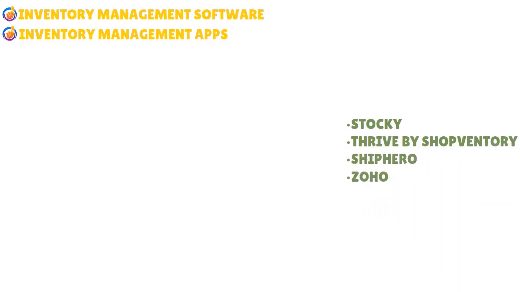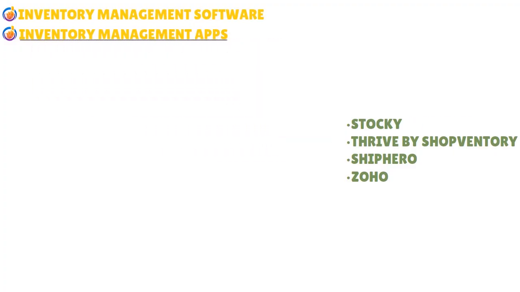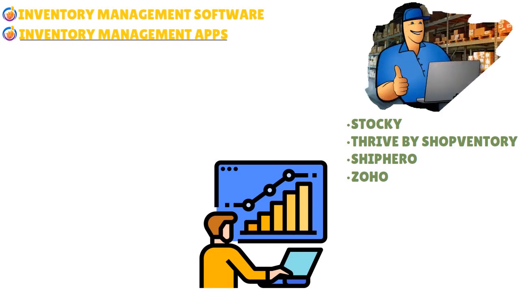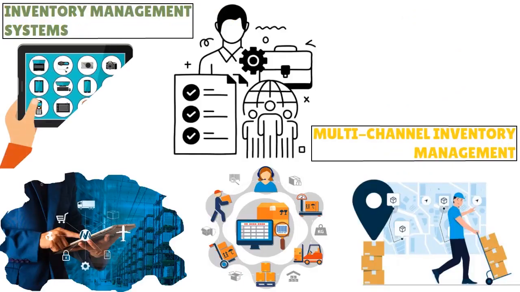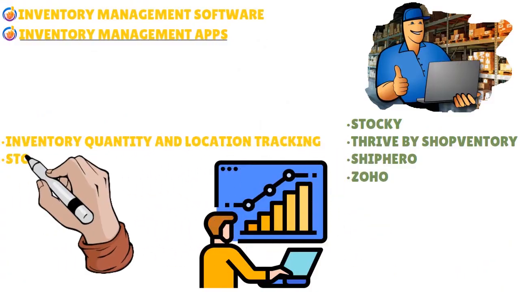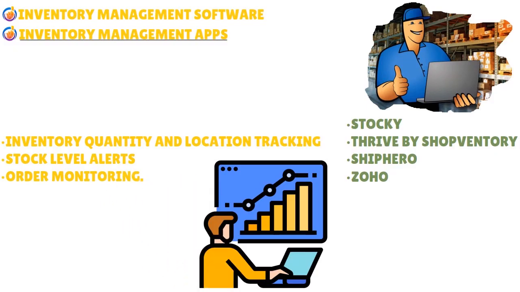You have ShipBob. Those can help you a lot. Inventory management apps let you monitor the live status of your stock room. Those apps are handy for employees involved in running your business actively, allowing them to access information from a smartphone or tablet. Most inventory management apps offer inventory quantity and location tracking, stock level alerts, and order monitoring. So, that's kind of cool.